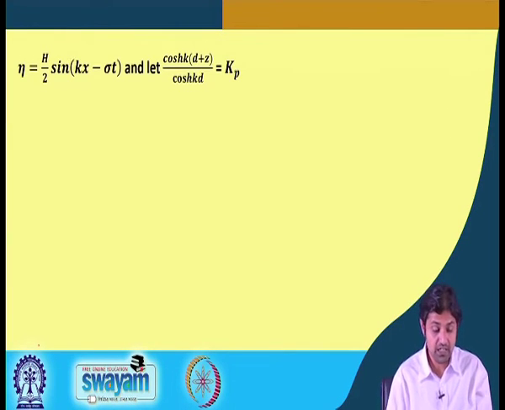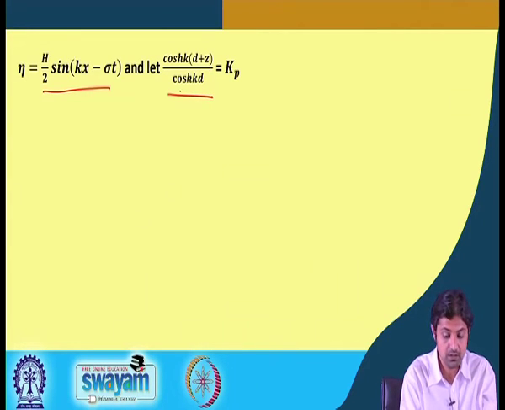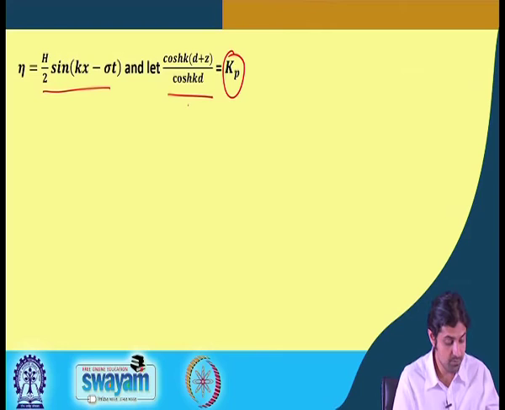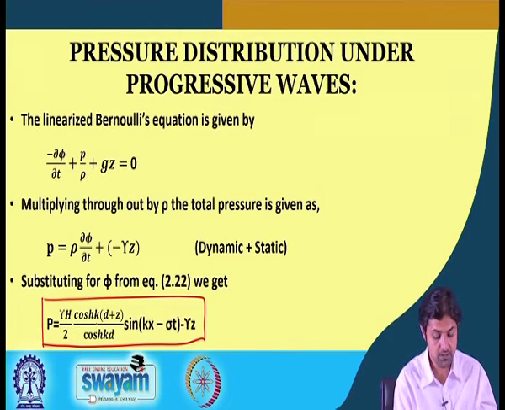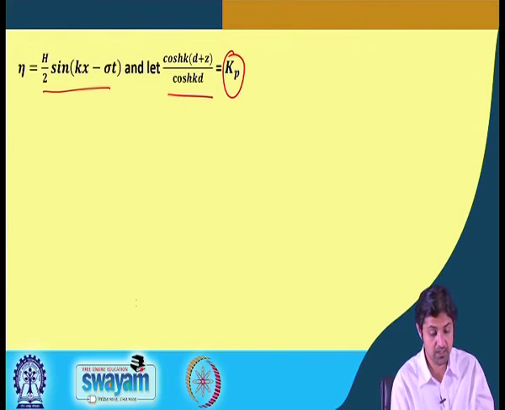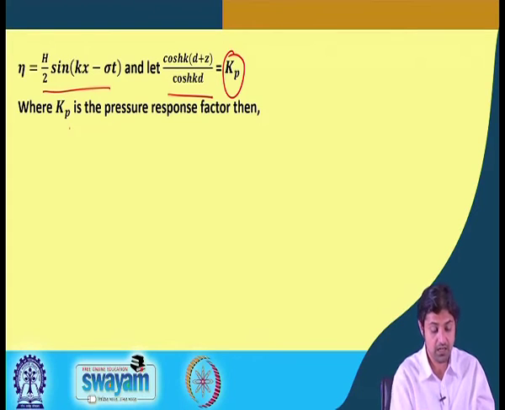We already know that eta can be written as h by 2 sin k x minus sigma t, and let us assume that cosh k into d plus z divided by cosh k d is written as K p. Then gamma h by 2 times K p, with h by 2 sin k x minus sigma t being eta.